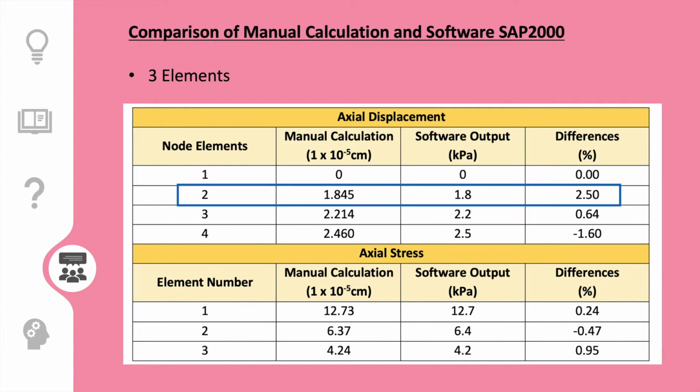The highest difference between those values is 2.5%, which is in the axial displacement. The result between manual calculation and software output can be considered as equal. However, since the manual calculation has accuracy to 2 decimal places, while the software output only to 1 decimal place, the difference in those values occurred. Thus, the manual calculation is correct.